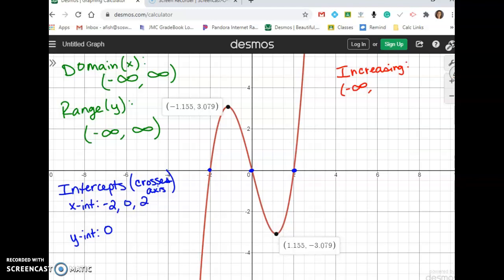So it is increasing, or going up, from negative infinity. We only use the x values when we're talking about increasing and decreasing, to negative 1.155. It's also increasing, if I notice here, from positive 1.155 to positive infinity.